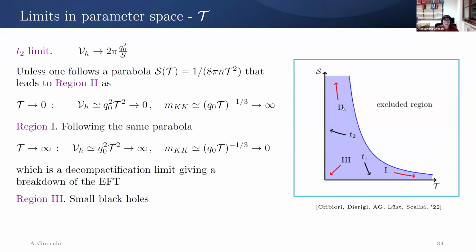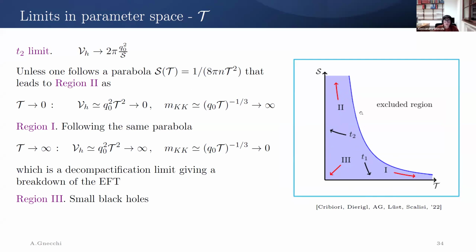So what happens is I can follow this image in different limits, and I can reach, as I was saying earlier, the limit of infinite entropy, infinite temperature, or zero entropy. What happens to the volume in these limits? Let's take, for example, this limit where I go to zero temperature but finite entropy.